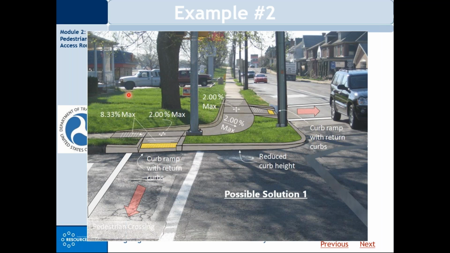My thought is that this complies with PROWAG. But as a traffic engineer, I have some concerns about other issues. And I'm just sharing with you my thoughts. If you all have thoughts, please feel free to share them in the chat box. But notice here, the stop line for this location will be way back here.